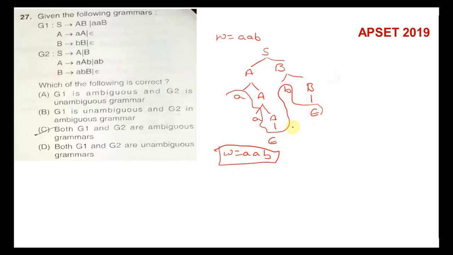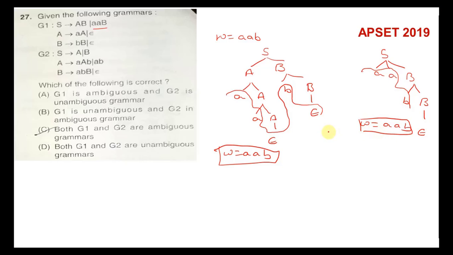And the same string I want to derive by using another parse tree. That is, first I am taking this second production, S tends AB, and this B is to be expanded with the production B tends B, and finally this B is to be expanded with epsilon, so I get the string W equal to AB. So from this parse tree also I got W equal to AB, and from the other parse tree also I got W equal to AB.